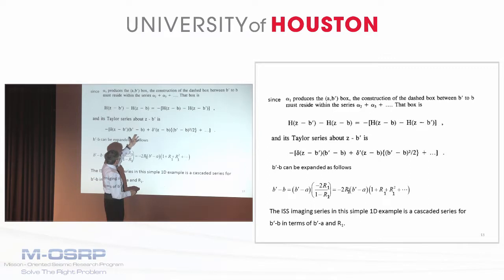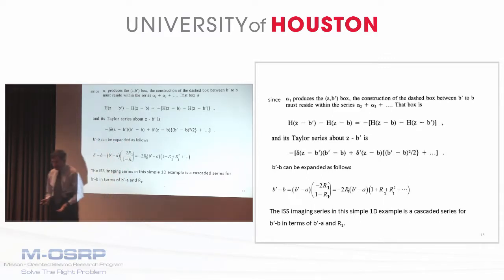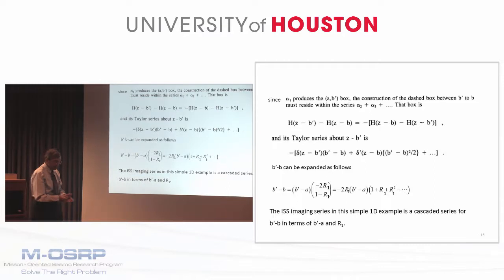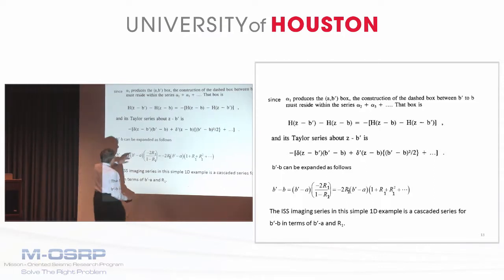How are you going to make a series in terms of b prime minus b? You don't know b, yes? You have to make a series in terms of your data, yes? So what you do is you take this b prime minus b, which is what you wish you had, yes? And you expand it in terms of things you have.